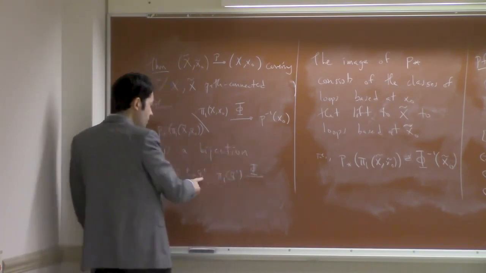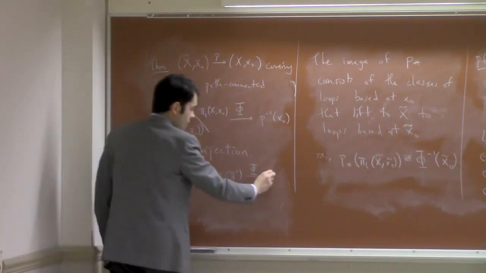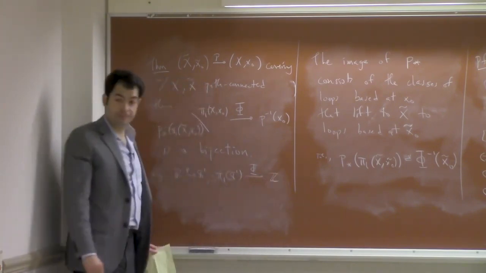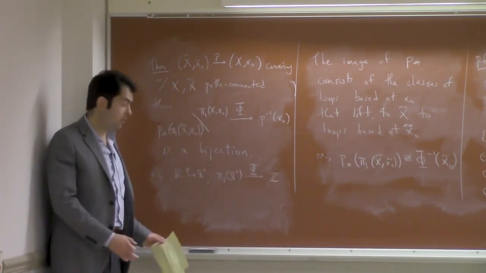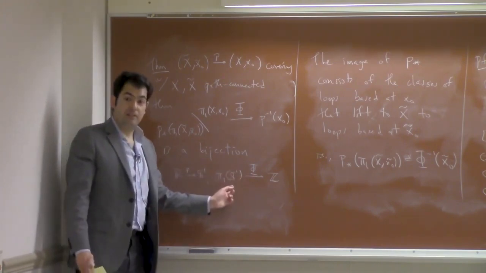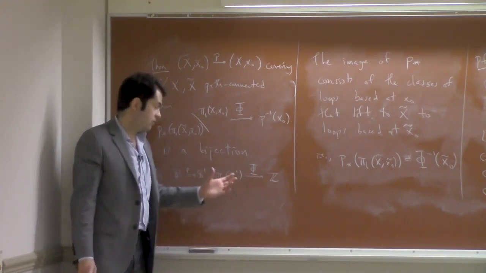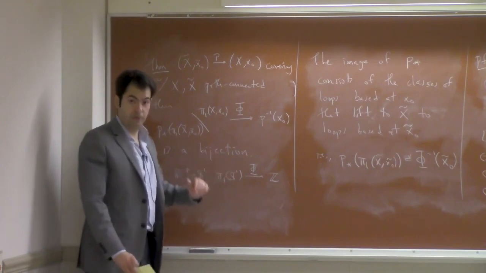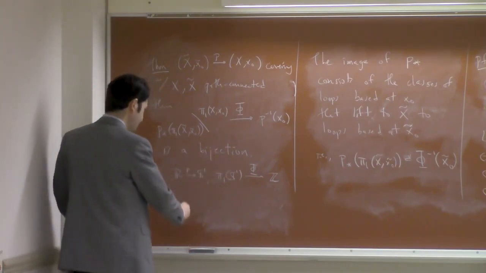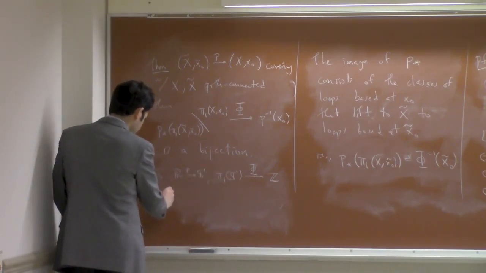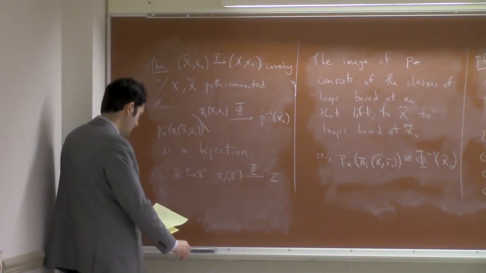The inverse image of a point was the integers. So we proved before that actually in this case, this is not only a bijection, it's actually a group isomorphism. Right? That was the proof, the computation of the fundamental group then.